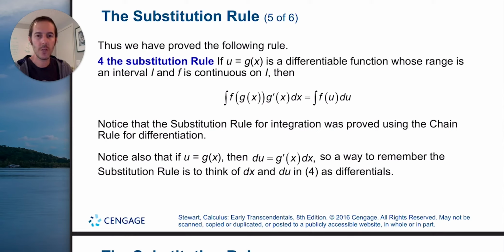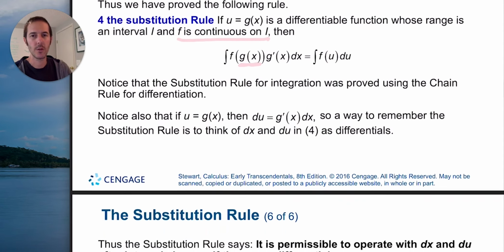So if u is the inner function, g of x, right, that was the 1 plus x squared in the previous problem, if that's a differentiable function whose range, that's the output values, is a bunch of values on the interval I, and if the outer function is continuous on I, on that interval, then we are able to use this process of the substitution rule in order to do the integration. So there are some rules, some constraints that we have to abide by in order to pull the trigger and use the substitution rule.